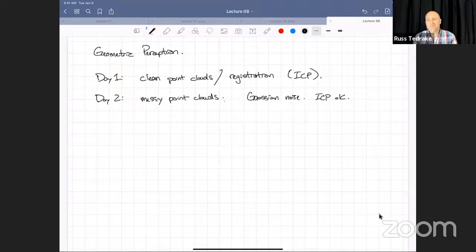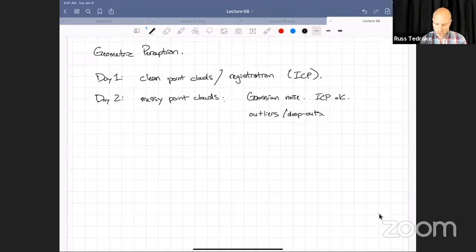I mean, not super robust, but it's doing the right thing by having a least squares objective in the middle. But for outliers and dropouts and other things like that, the outliers in particular caused a big problem.